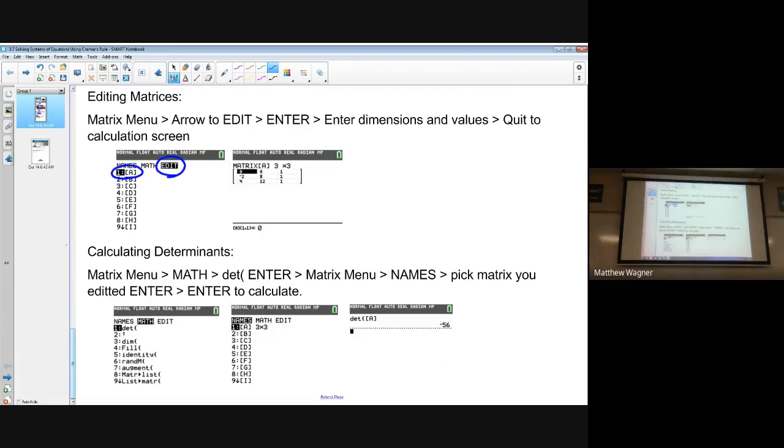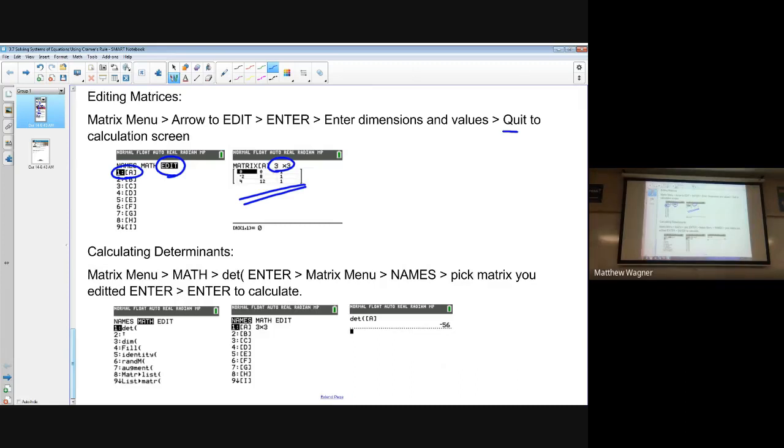After you hit enter or 1, matrix A is going to come up. You're going to want to define your dimensions. Well, we had a 3 by 3 matrix, and then you'll want to enter it as follows. So we have 0, 0, 1, -2, 8, 1, and 4, 12, 1. At this stage, you've set up your matrix in your calculator. You should be good to run some calculations.